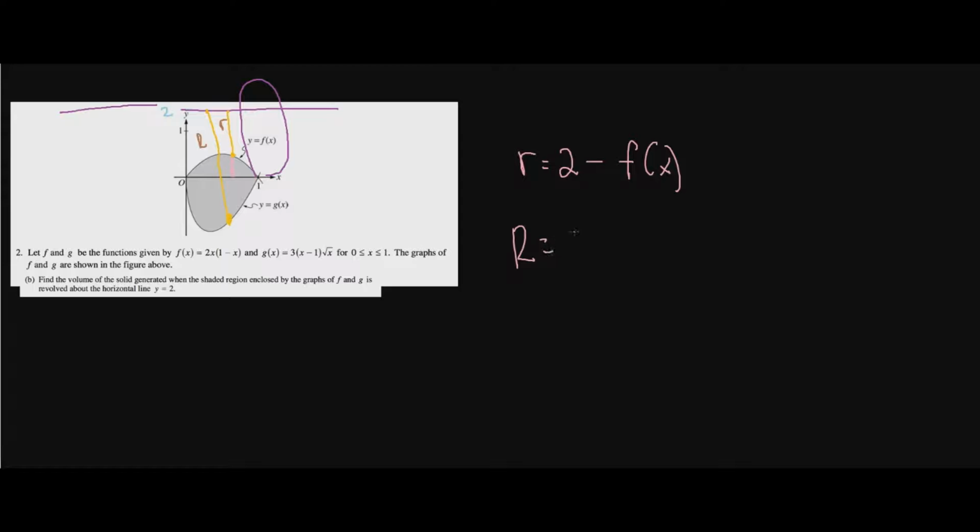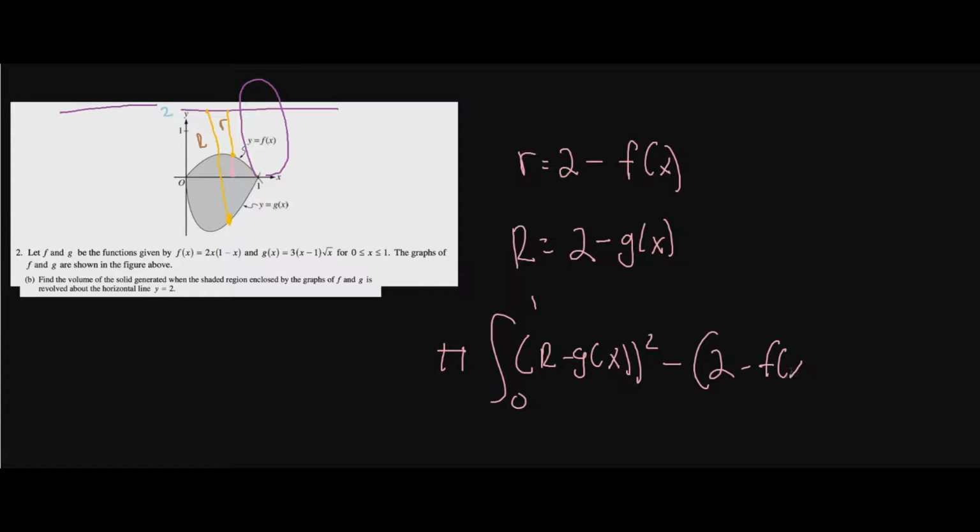Big R is going to be 2, and we're going to subtract g of x. Even though this may be hard to visualize compared to the other problems, it's still the same when we're rotating around a positive y value. So we'll get pi, integral from 0 to 1, of big R, which is 2 minus g of x, that gives us what we want, subtracted by little r, which gives us what we don't want, which is the hole that we get when we rotate this about the line.